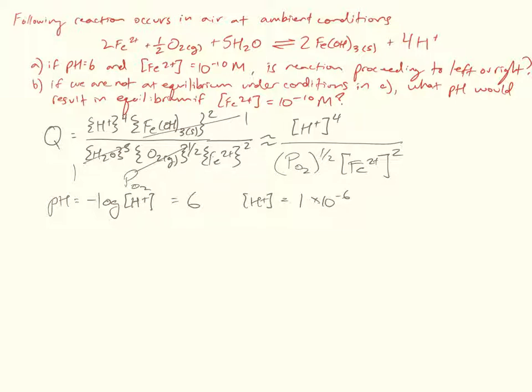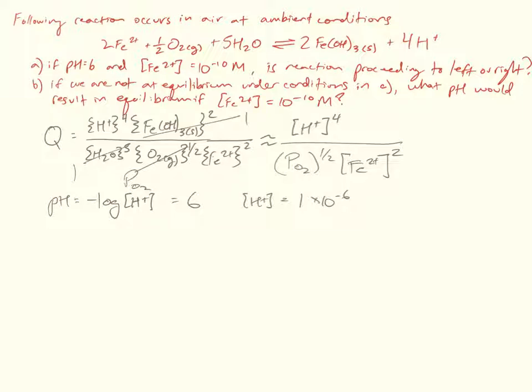And then our partial pressure of O2, here we need to know one other piece of information. We're reminded in the original problem statement that this is in air. It turns out that the partial pressure of an individual gas in a mixture of gases is equal to the volume fraction of the individual gas times the total pressure of the mixture.